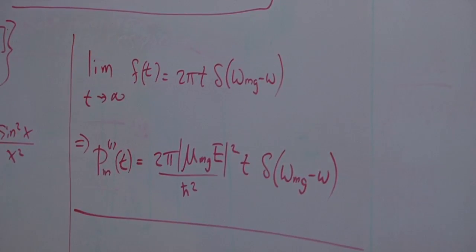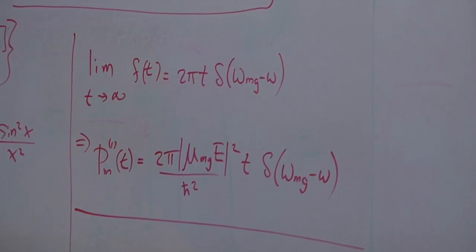So this cannot be the whole story. It says that the probability is either 0 or infinity, and the probability can't be even bigger than 1. So this is a step along the way.